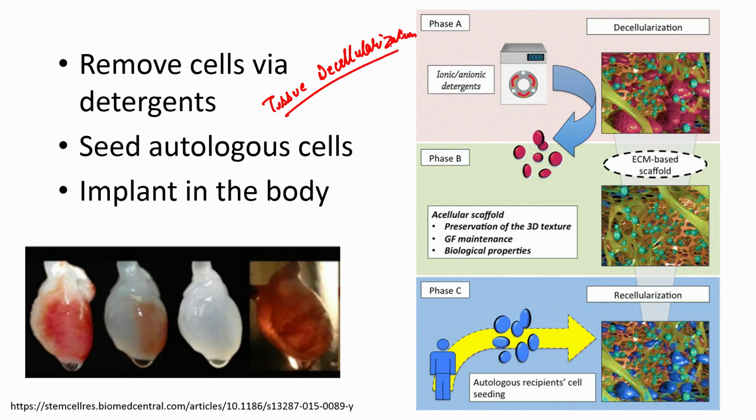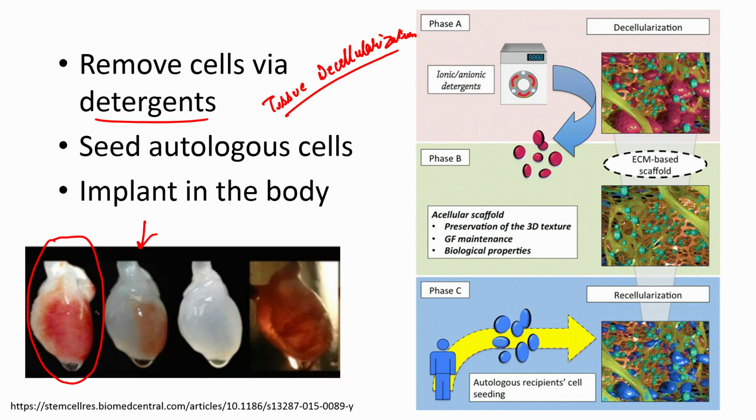What I discussed is this: let us say you get an organ from a donor or from an animal. You can treat it with reagents, such as detergents and other cytolytic detergents, which will essentially remove all the cells.